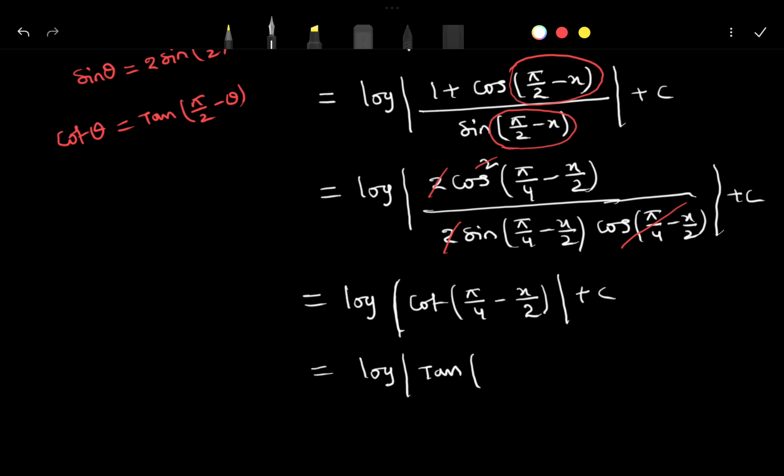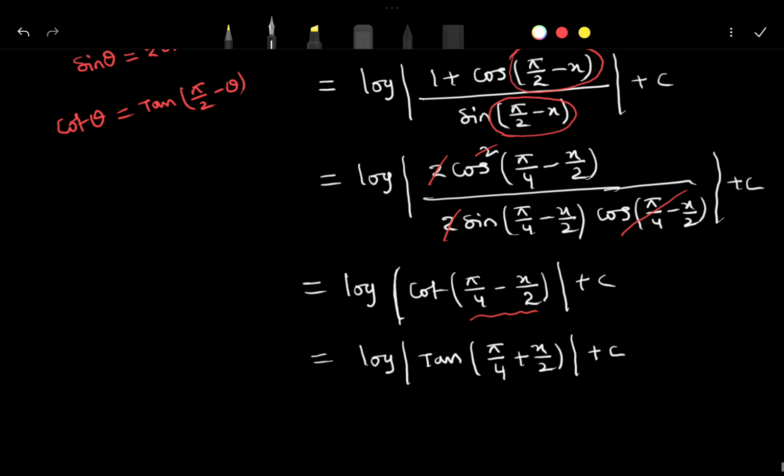Pi by 2 minus theta means what is theta in this one? Pi by 4 minus x by 2. So then it becomes pi by 4 plus x by 2. So this is the final result. I think everyone is very clear on this formula.